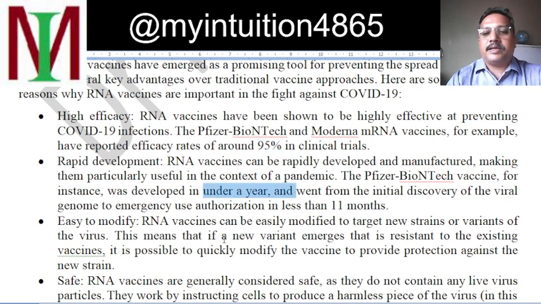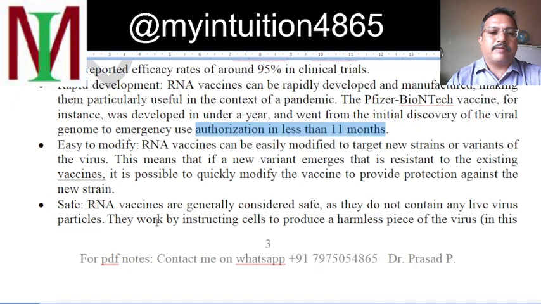Within a year, it was developed and authorized within 11 months. So whenever a crisis comes, we can immediately think about RNA vaccines for that particular virus or microbe. It is easy to modify.